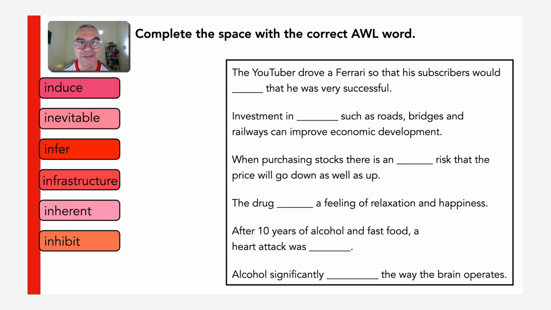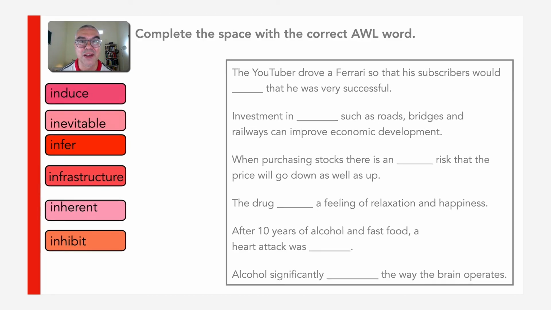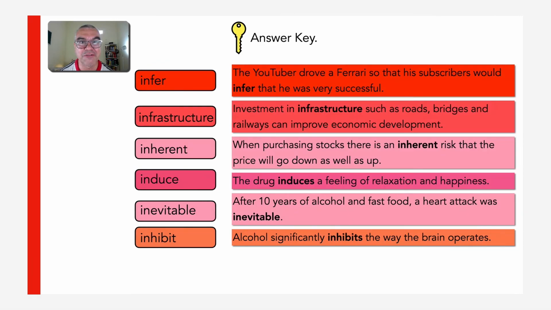And first we have infer. The YouTuber drove a Ferrari so that his subscribers would infer that he was very successful. Next is infrastructure. Investment in infrastructure, such as roads, bridges and railways, can improve economic development.